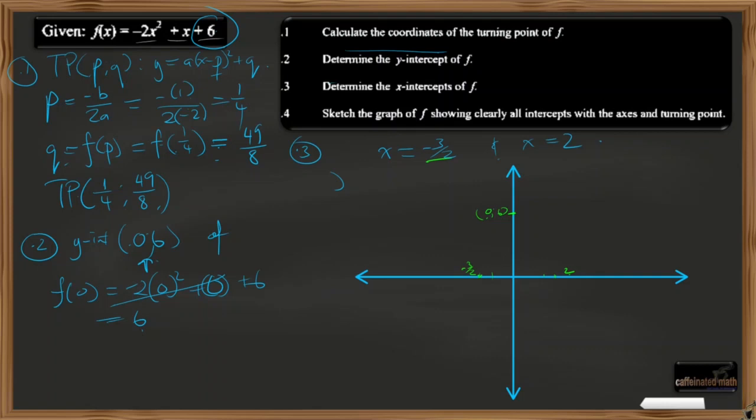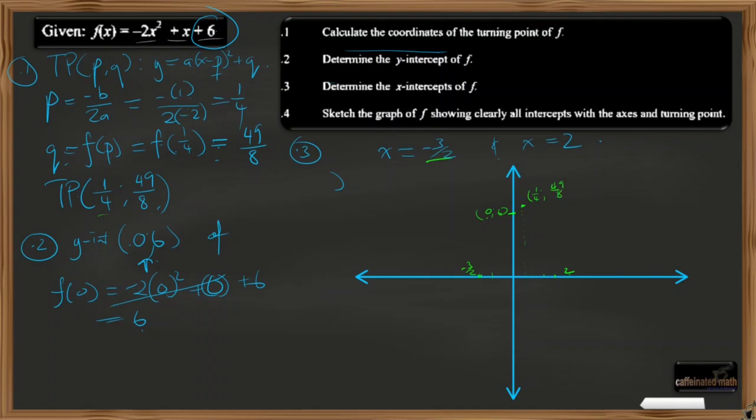And then where is our turning point? Well, if this is half of 2, this is half of 1. So that this should be over there. 49 over 8 should be just over 6.125. So in decimal form, that should be your value. So that's 49 over 8.